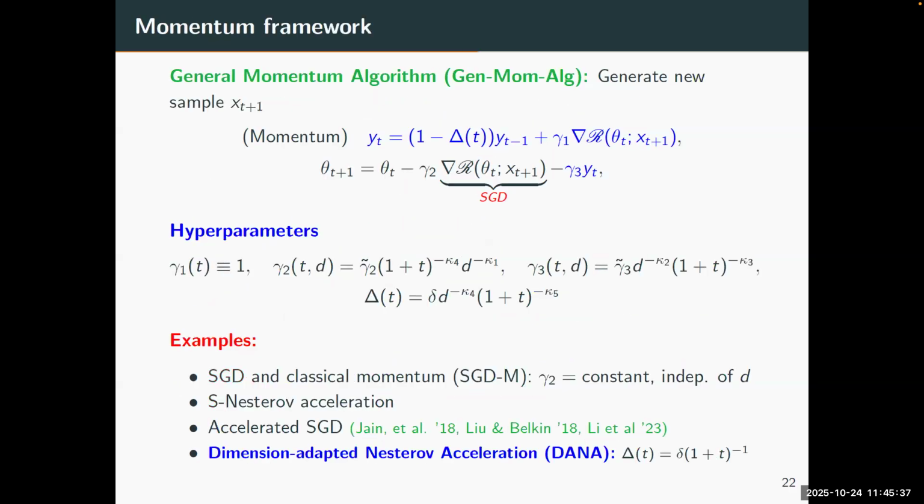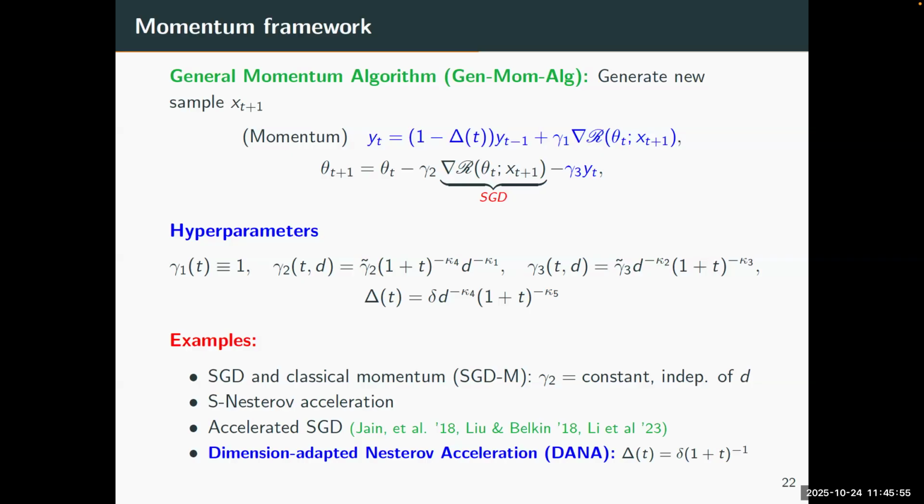Okay. So what I'm going to do here is work with a general momentum form. I have my momentum and I have my update rule. And again, the idea is that I'm going to allow my hyperparameters to be both T dependent and D dependent.